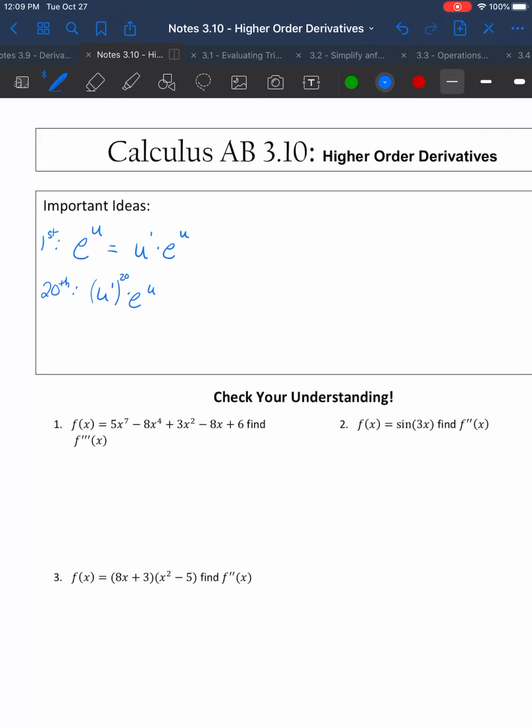Sine and cosine are not as friendly because the derivative of cosine is negative sine, but the derivative of sine is positive cosine. So they alternate not only trig functions, they also alternate signs back and forth. So anytime you're asked a higher order sine or cosine derivative, I would advise finding at least the first 4 or 5.